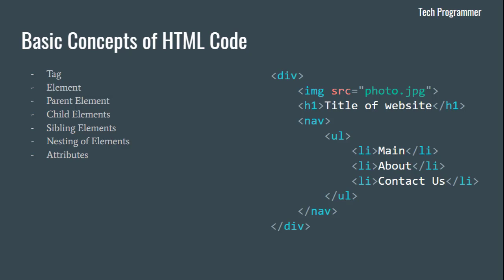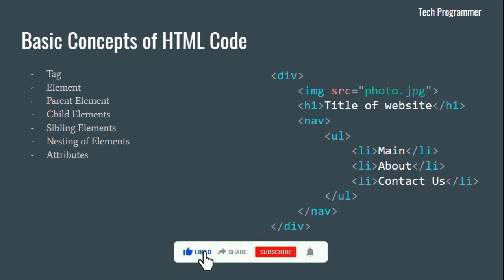It also has this text which looks like key and value. Here it has this src as the key, and it's assigned some value as photo.jpg. This is called an attribute in HTML. Most of the tags in HTML have some form of attributes. These are special symbols or commands to display them a little bit differently.